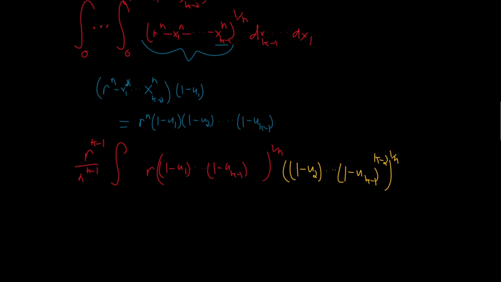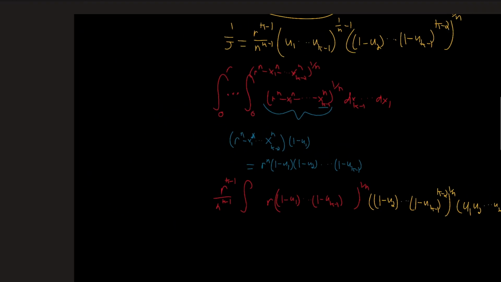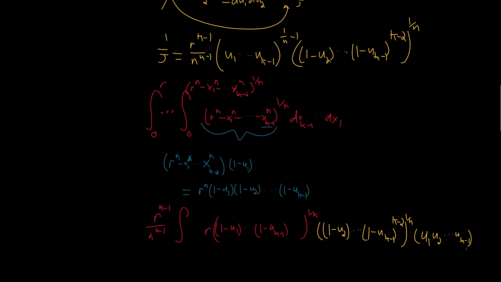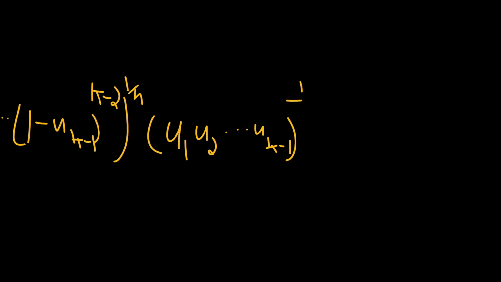And then what we have here is u1, u2, dot, dot, dot, u_{k-1}, all of that to 1 over n minus 1. Then we have du_{k-1}, dot, dot, dot, du1.